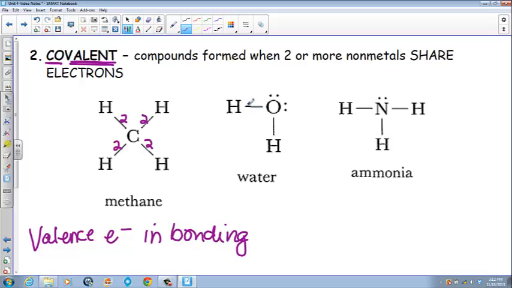But right now, each line represents a total of sharing of 2 electrons. So we have 2 shared here, 2 shared here, and then you have these other 2 to indicate that oxygen is stable. So there's a total of 2, 4, 6, and 8 to make that stable octet on the oxygen.